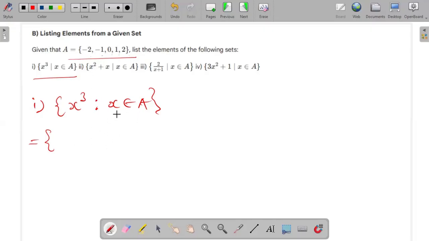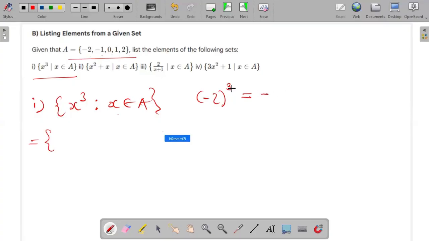Since x is a member of A, I need to find the value for each and every element. So -2 raised to the power 3 means -2 times -2 times -2. Because if the power is odd and you have a negative sign, it will give you a negative.